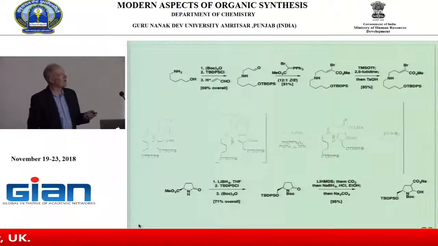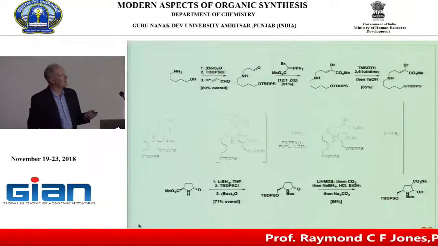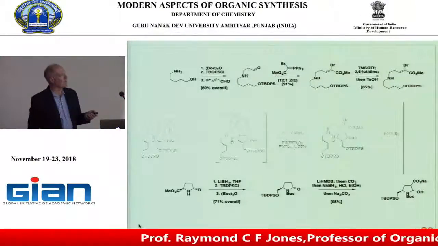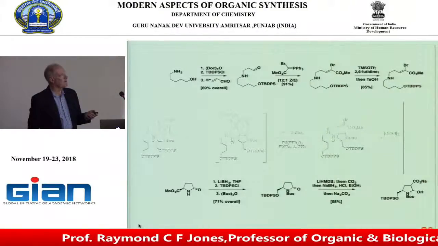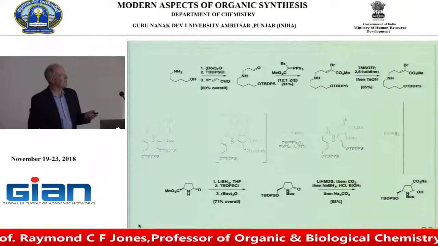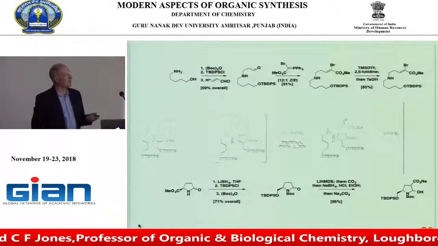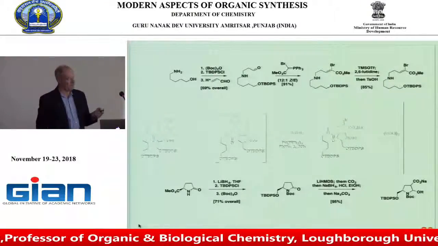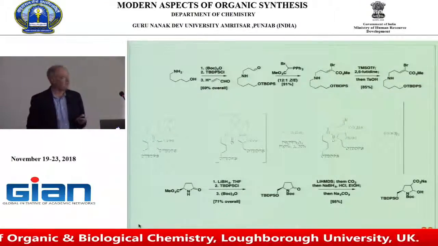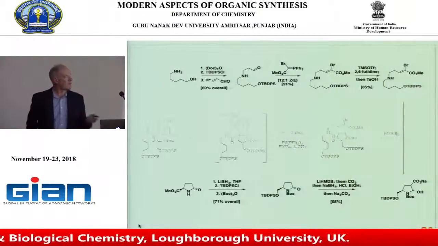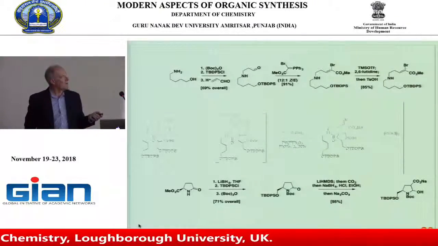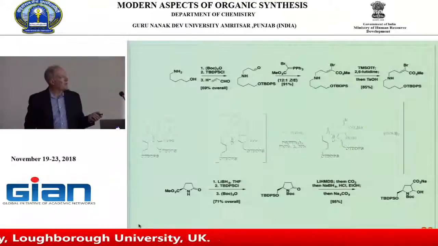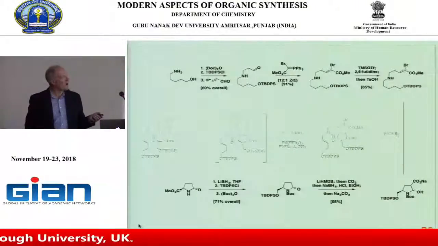This amino alcohol, protect the nitrogen, protect the oxygen as a silyl derivative, tertiary butyl diphenyl silyl chloride. Doesn't really matter what group, just for the purposes of this lecture, but just to think it's a silyl protecting group. Then the protecting group is taken off the nitrogen.